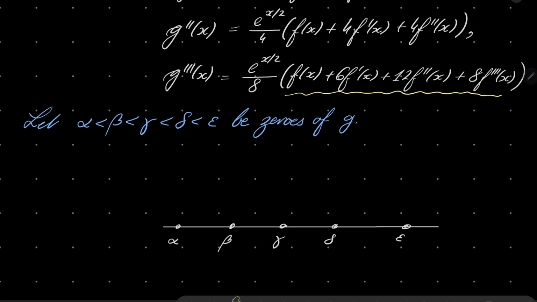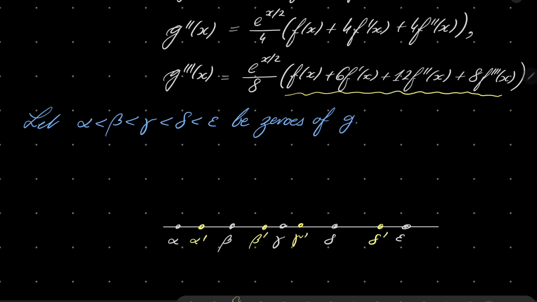Notice that by Rolle's theorem, since our function g is differentiable and it attains the same value at alpha and beta, its derivative g prime must be 0 at some point in this interval. Let's call this a prime. Because of the same reasons, there is some number b prime in this second interval where our derivative of g is 0. Likewise, there will be another zero of the derivative somewhere here.